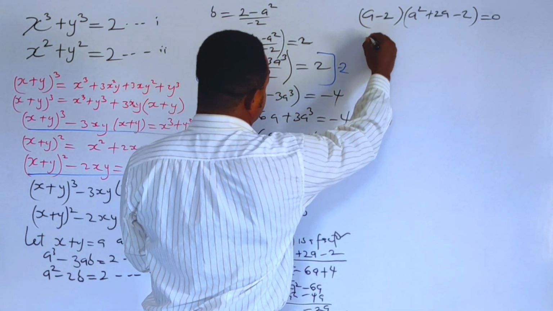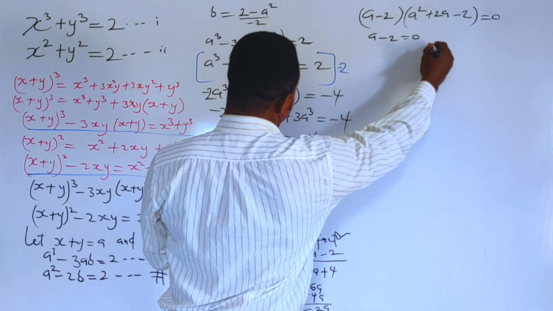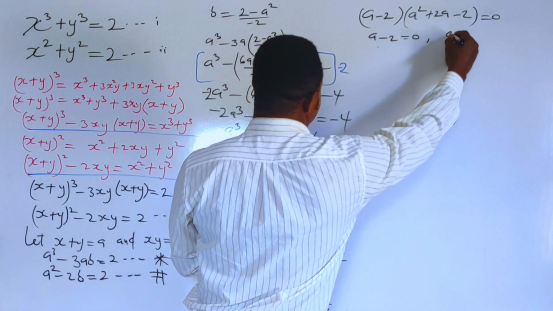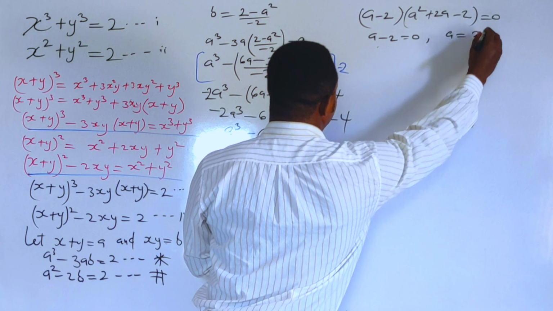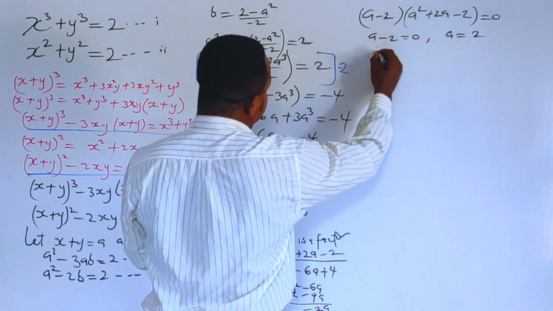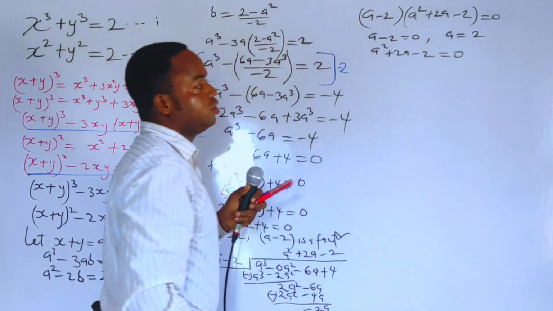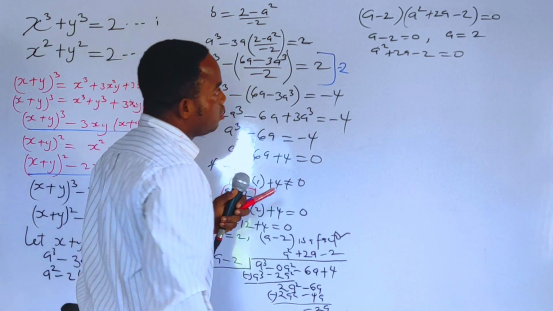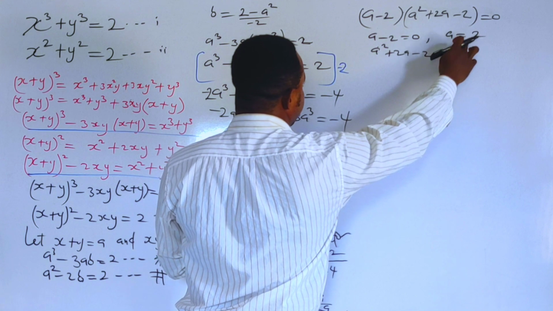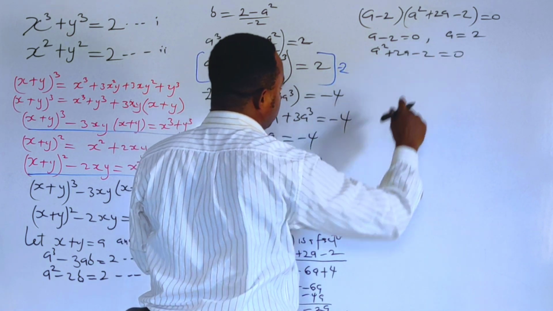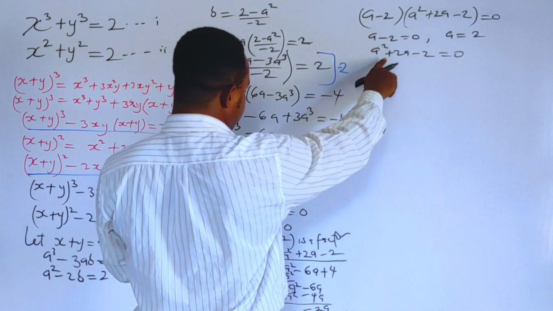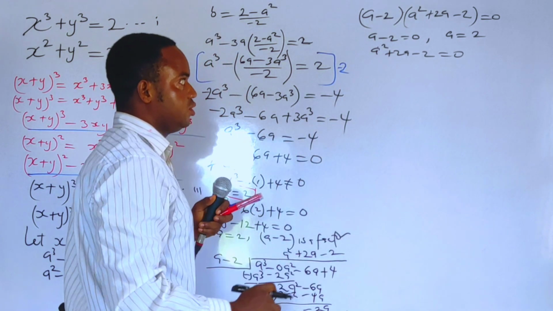So here it's either a minus 2 is equal to 0, such that in this case we have a is equal to 2, and also a squared plus 2a minus 2 is equal to 0. Well, we can go on and find the value of b when a is equal to 2, but I'm curious. Let's check out this first, okay?